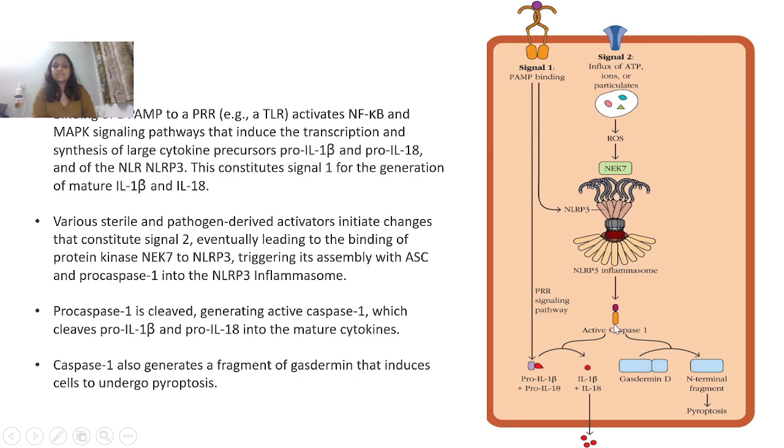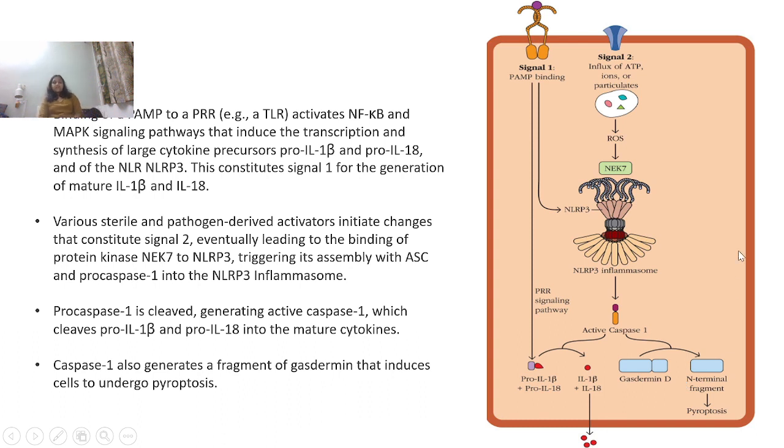Then procaspase 1 is cleaved into active caspase 1, which ultimately cleaves IL-1 beta into mature form and IL-18 into mature form. And also it can induce gasdermin D, which can induce cells to undergo pyroptosis.